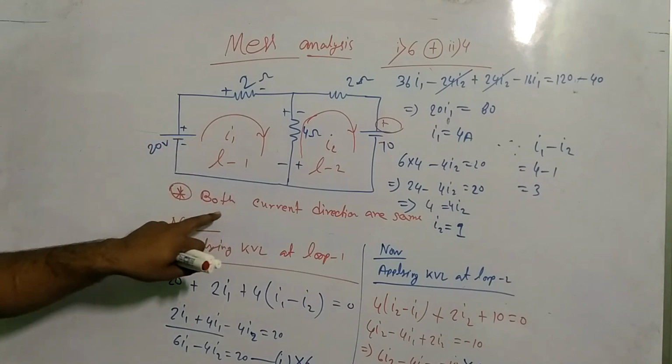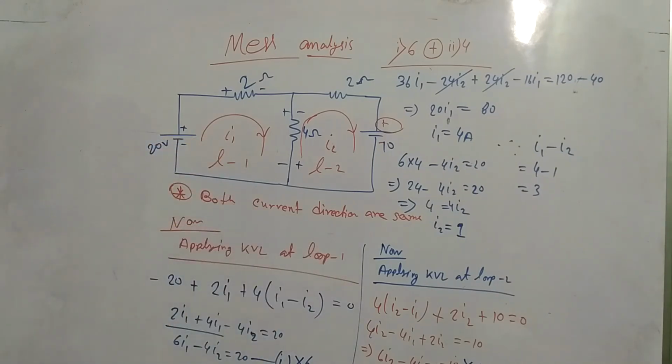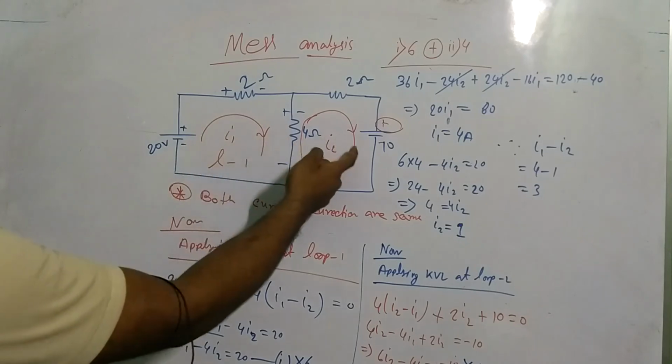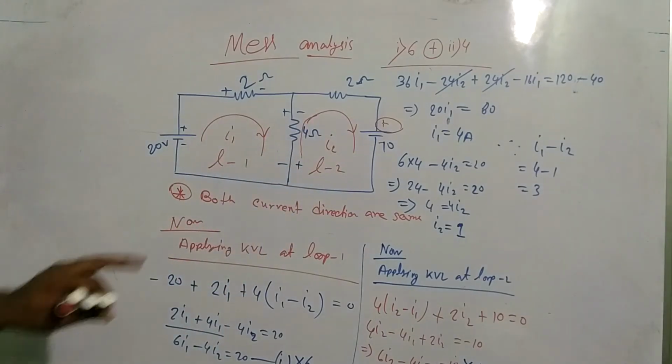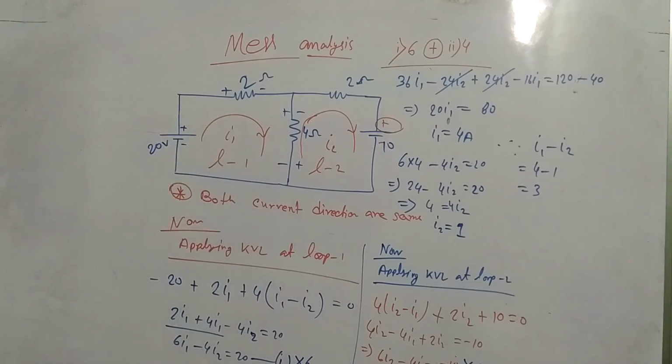The main point is that both current directions are the same. If I assume the first loop is anti-clockwise, then the second is also anti-clockwise. No matter, but I always prefer clockwise, as it is more suitable for calculation. So thank you, class.